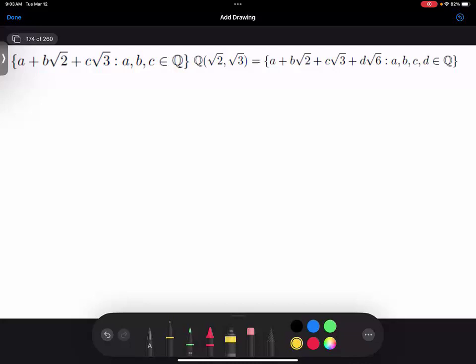So if we take d equals 1, is the square root of 6 equal to a plus b root 2 plus c root 3 for some a, b, c? Does this look immediately clear?